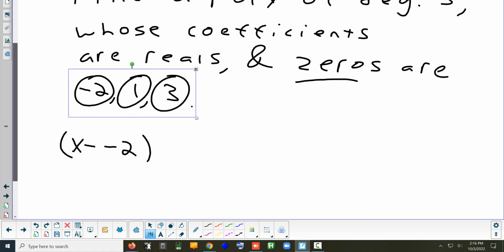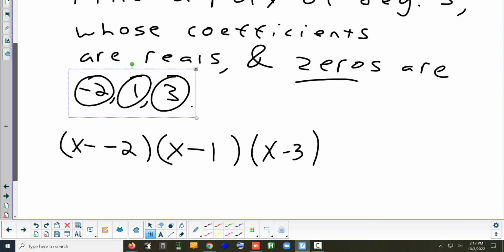What about if 1 is a root? What would be a factor? X minus 1. And what about if 3 was a root? X minus 3. Just think, if you plugged all these numbers in one at a time, you would get 0.